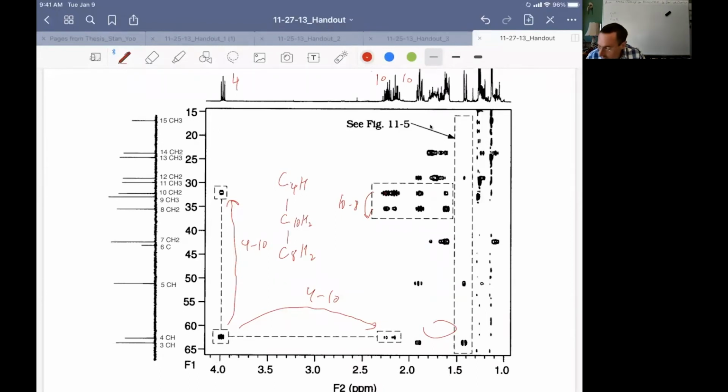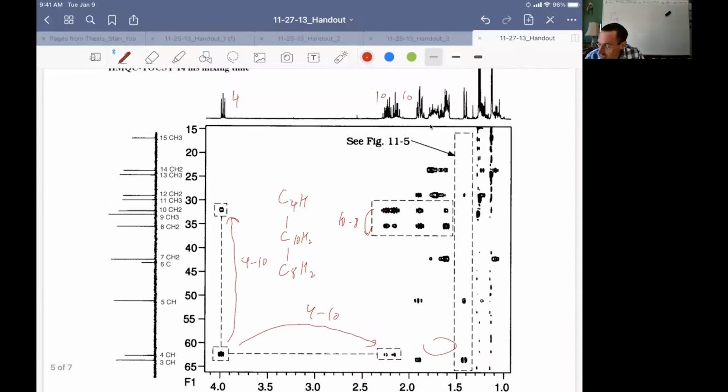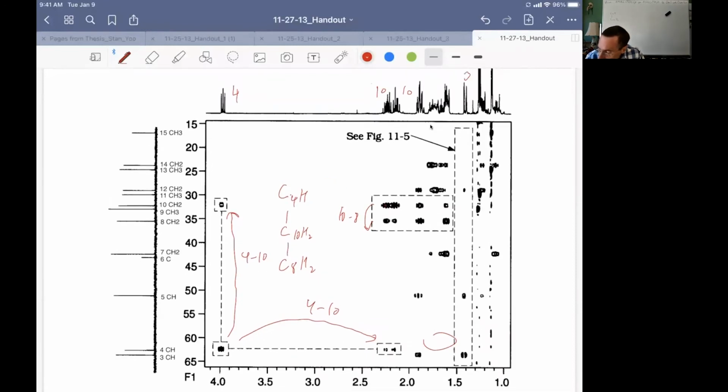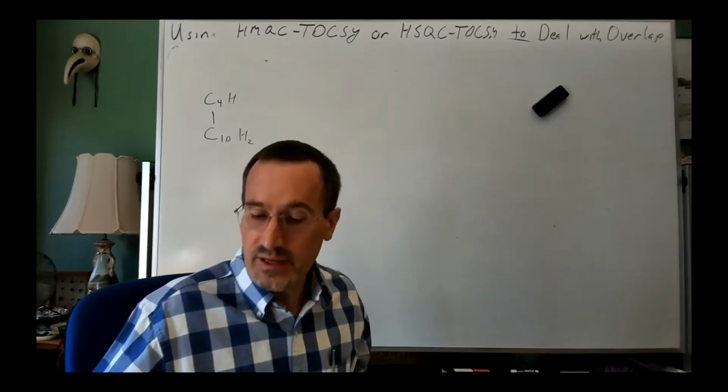And then over here, this is number 3. And now we're going from 3 to 5. There's another one coming up that I'll show you in just a moment. But here you can see this well-developed cross peak is taking us from 3 to 5. So we're starting to actually build up just by moving up and down the F1 dimension. So let me put in this new information that we've been able to get out of here.